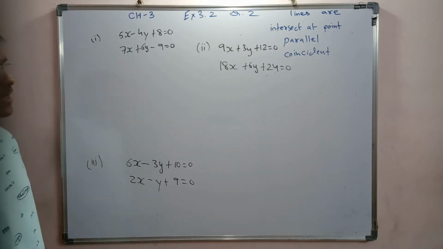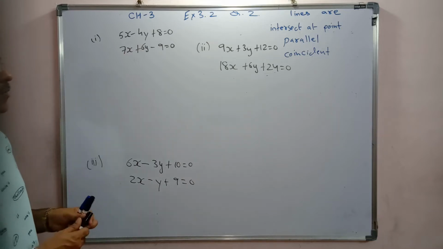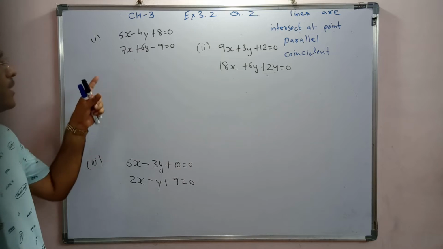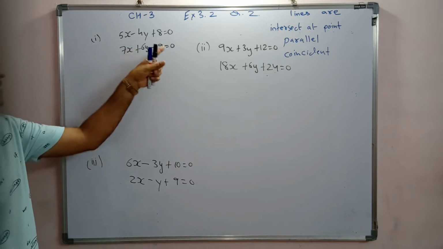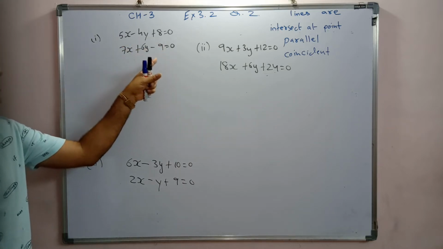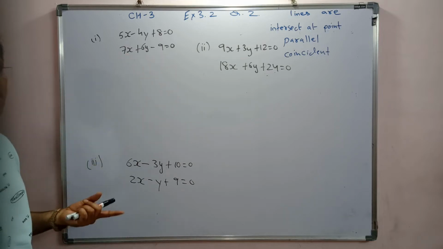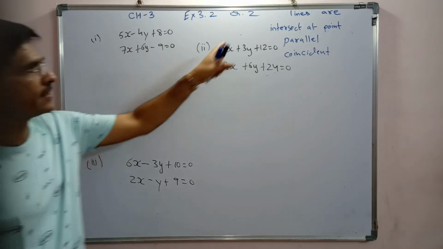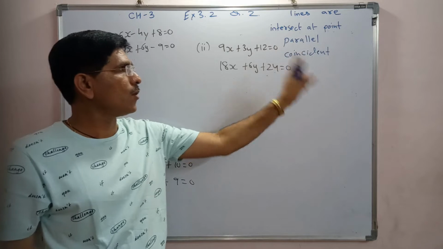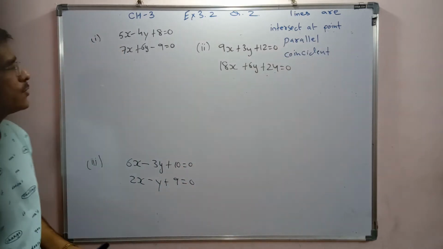When two equations are given, we first have to find out a1, b1, c1, a2, b2, c2. From these we can say whether the lines intersect at a point, are parallel, or are coincident.